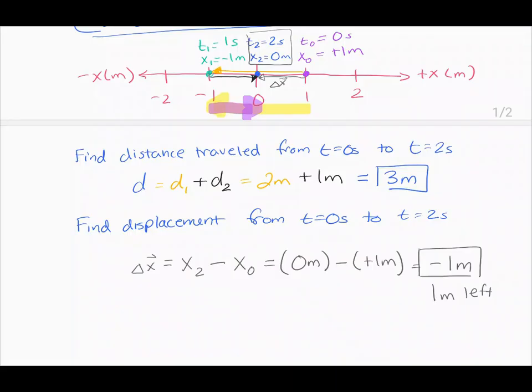So my distance and my displacement are not always the same magnitude. They're only the same magnitude if I don't change directions. This is really, really important. Remember, magnitude is size.